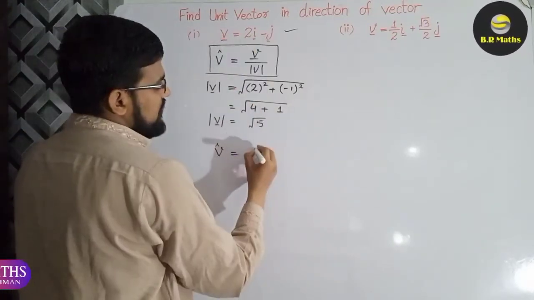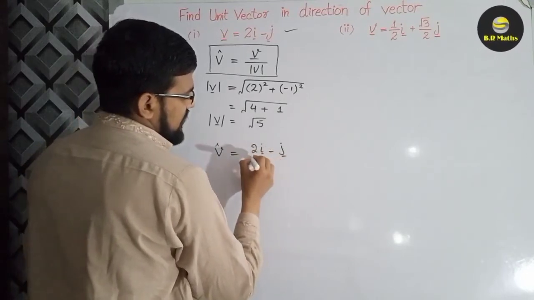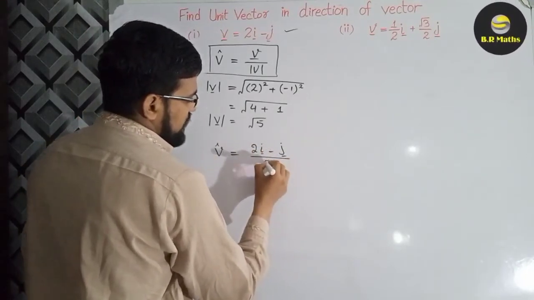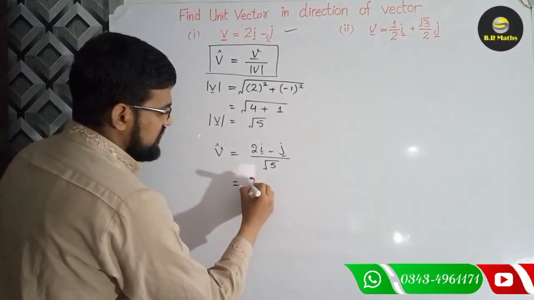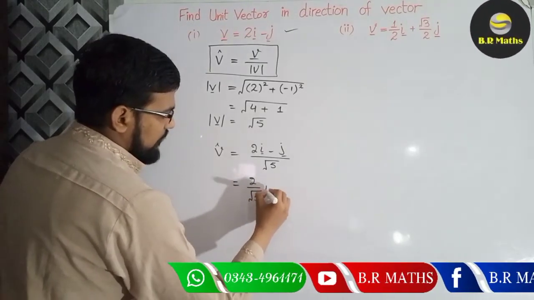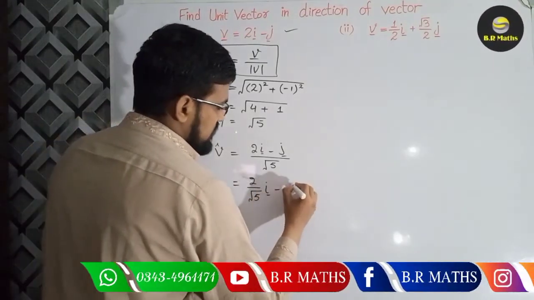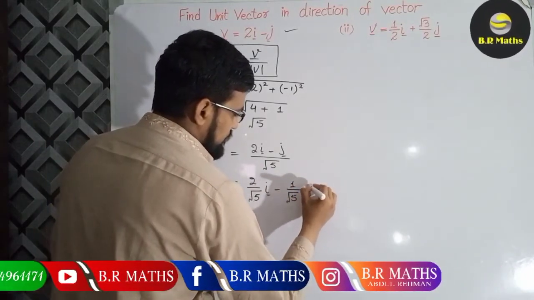the vector v is 2i minus j, divided by the magnitude, which is square root 5, and the final result is 2 divided by square root 5 i minus 1 divided by square root 5 j.